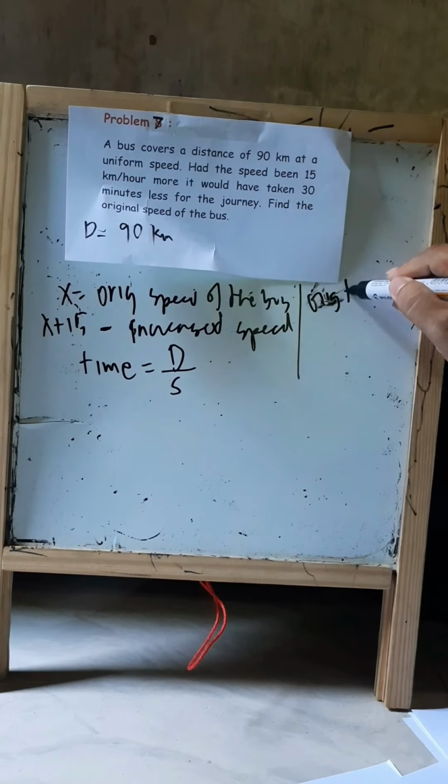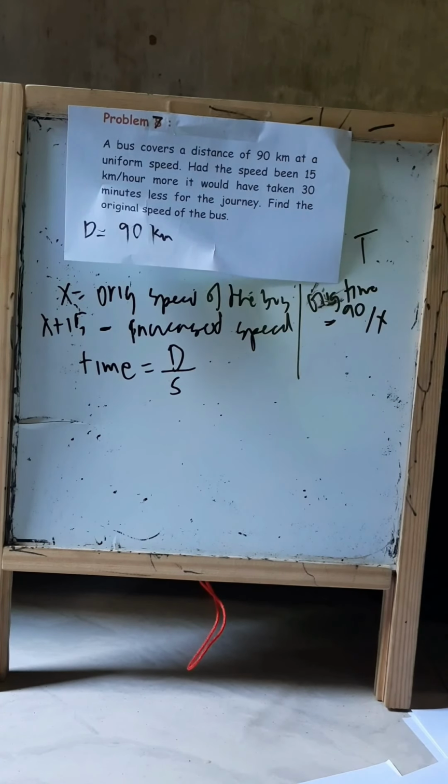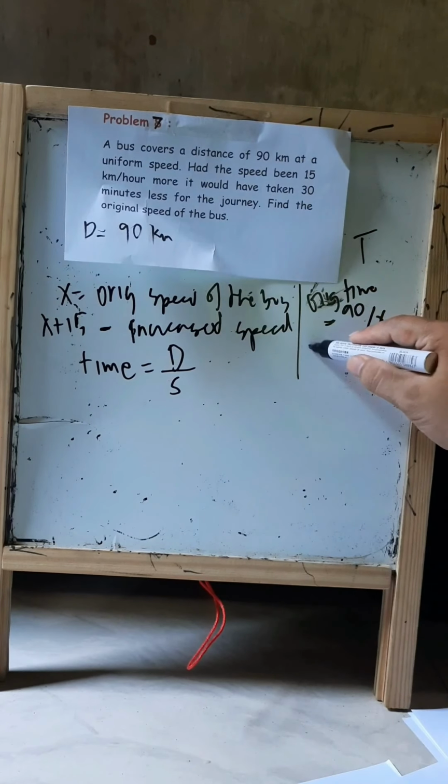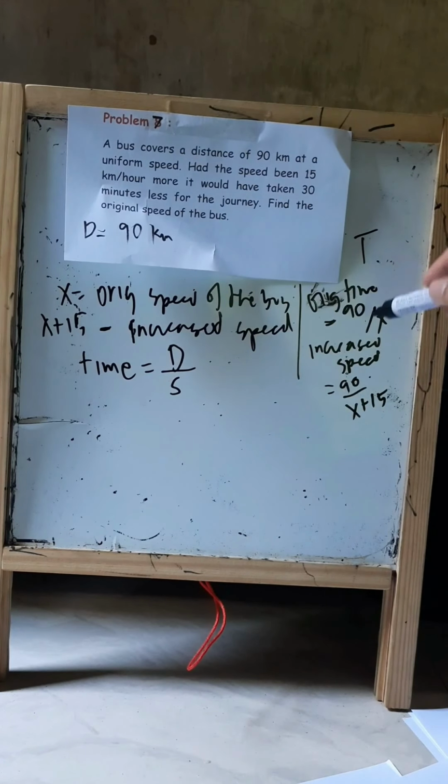How about the time taken when it travels at the increased speed? It is 90 over x plus 15. Original time is 90 over x, because time is distance over speed. For the increased speed, it is 90 over x plus 15.